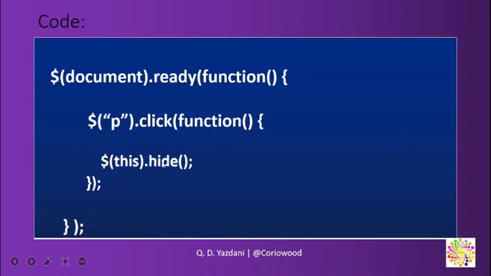For example, in e-commerce, if there is a button to edit, delete, undelete or undo, when one element is hidden, another one you want to show.